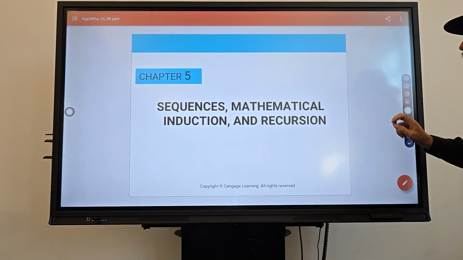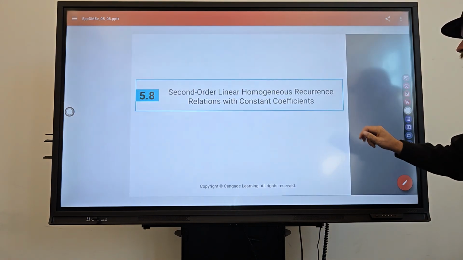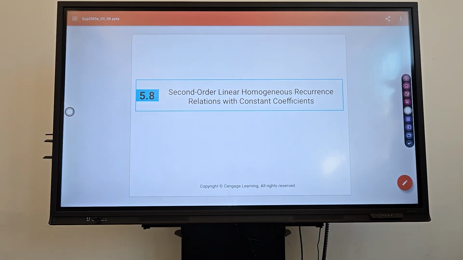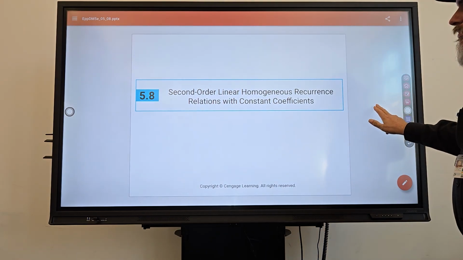The sequences, mathematical induction and recursion continued with this mouthful. Second order linear homogeneous recurrence relations with constant coefficients. Quite a mouthful. What does that mean?